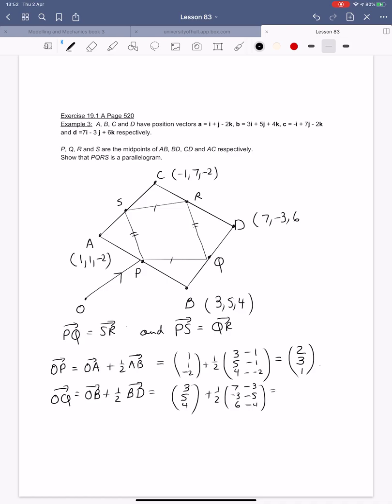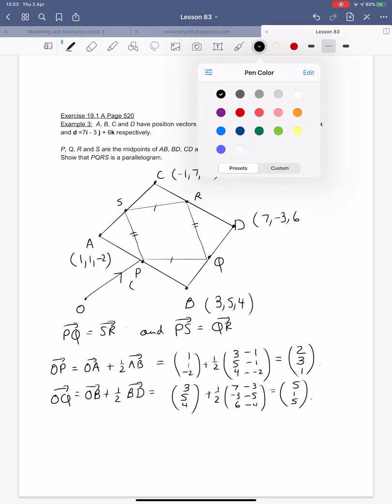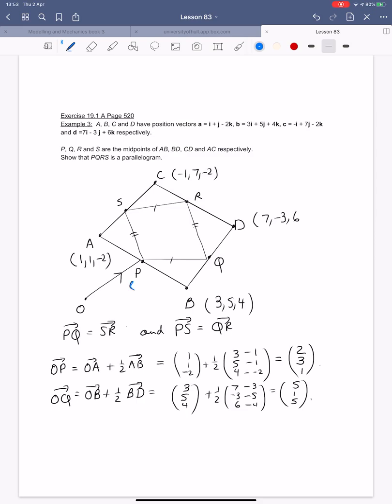So 3 plus a half of 2, 3 plus 2, 5. 5 plus a half of minus 4, minus 2, 3. 4 plus 1, 5. So that one is 2, 3, 1. Let's do these in a different colour. That one is 2, 3, 1. That is 5, 1, 5. I might be able to put some of the numbers on the diagram.